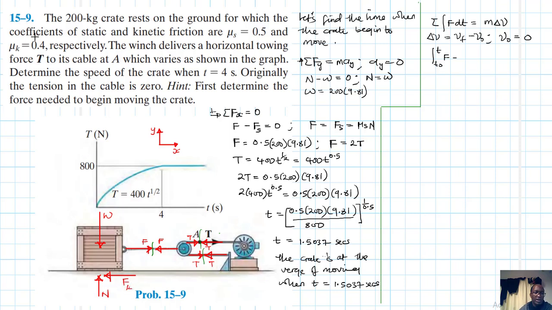This is now kinetic, so minus Fk, which is kinetic, dt, equal to m times v final minus this. Our t0 is equal to 1.5037 and our t is equal to 4 seconds. Of course, m is equal to 200.